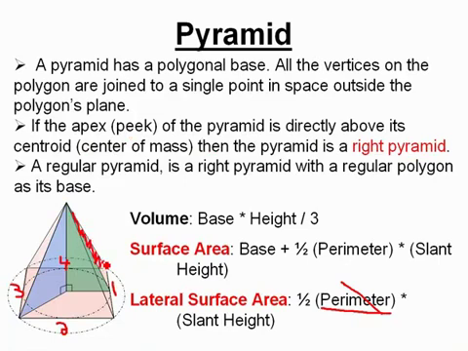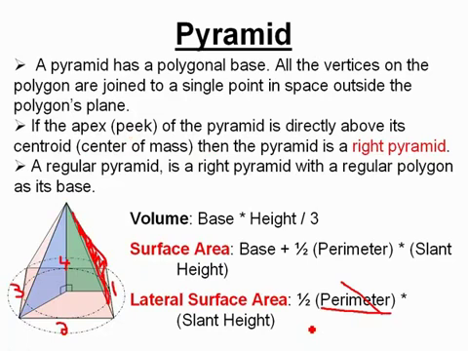This triangle here, the big side of the pyramid, is piece 1 of the perimeter times the slant height divided by 2. So base times height, height being the slant height, and piece 1 being the base, gives you the area of that triangle.